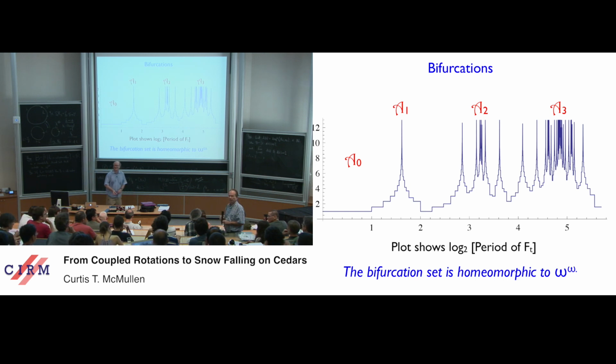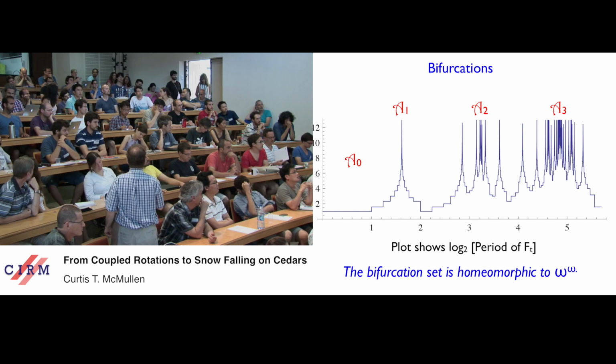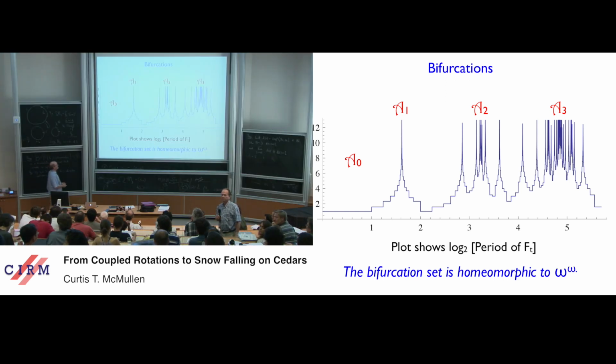Okay, other questions? What kind of numbers do you get along, say, the first bifurcation? Instead of period doubling, you get, I don't know, Fibonacci or something? So the question was what kind of numbers you get along these bifurcations. Well, I don't really like to look at the bifurcations of the periods because there are really several cylinders and they have different moduli.